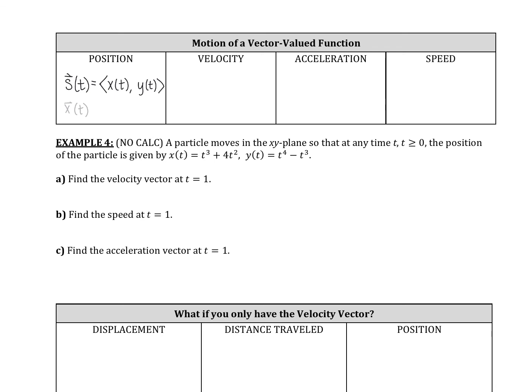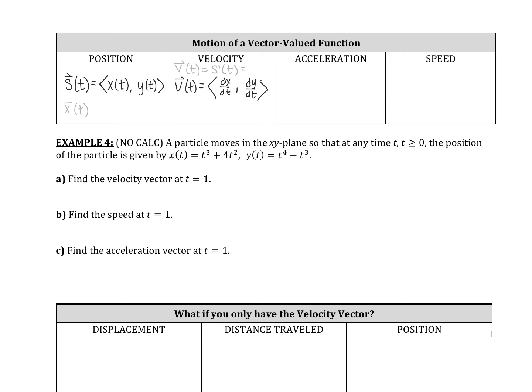And then what do we know about velocity? Well, we know velocity is the derivative of the position. So my velocity vector is going to be the derivative of each of these with respect to t. And maybe we even write it that v of t is the derivative of s of t, is that vector.